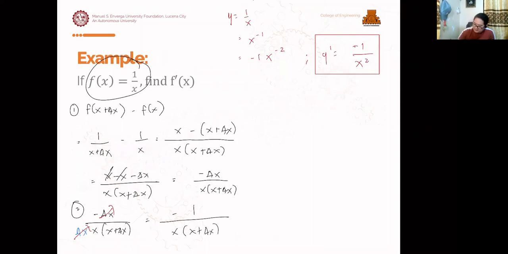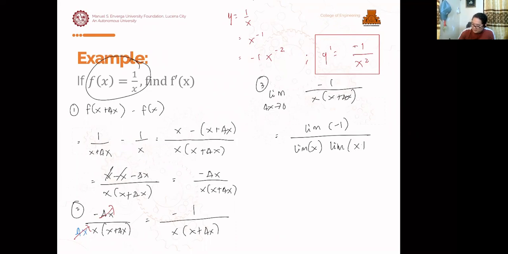Okay? Then step 3 na tayo. Limit of delta x approaching 0. So negative 1 all over x times x plus delta x. So this will be limit of negative 1 all over limit of x, tapos multiplied by limit of x plus delta x, and delta x approaching 0 tayo.